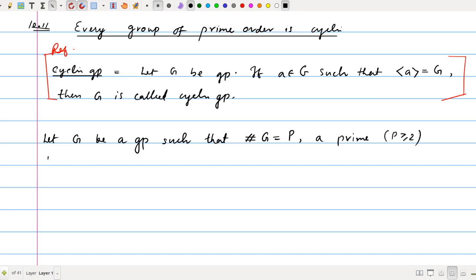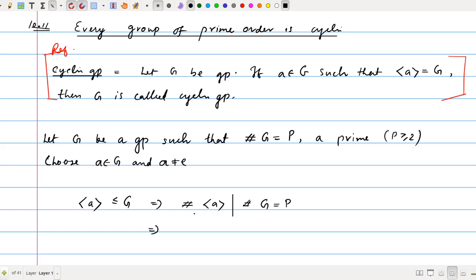Now you choose an element A belonging to G with A not equal to E, so a non-identity element in G. Then consider the subgroup generated by A. You know that this is a subgroup of G, so the cardinality of the cyclic subgroup generated by A divides the cardinality of G. But we know that the cardinality of G is a prime number.